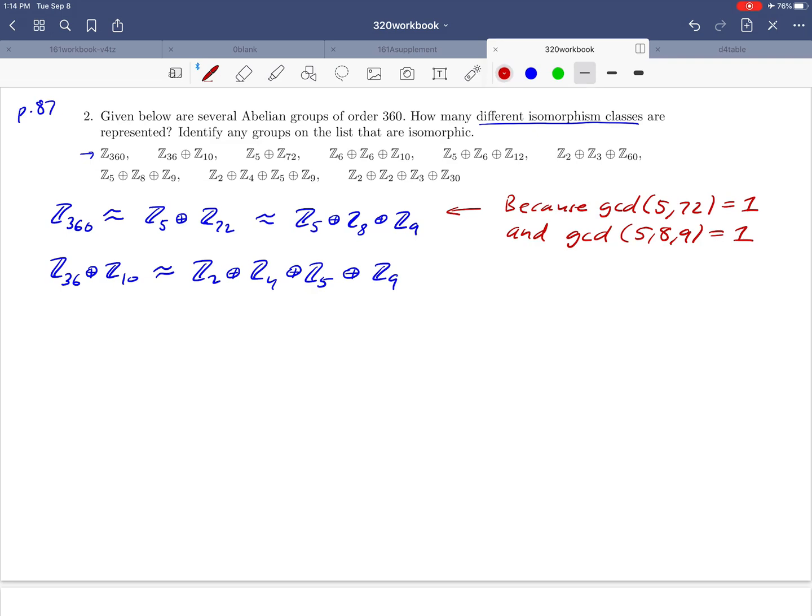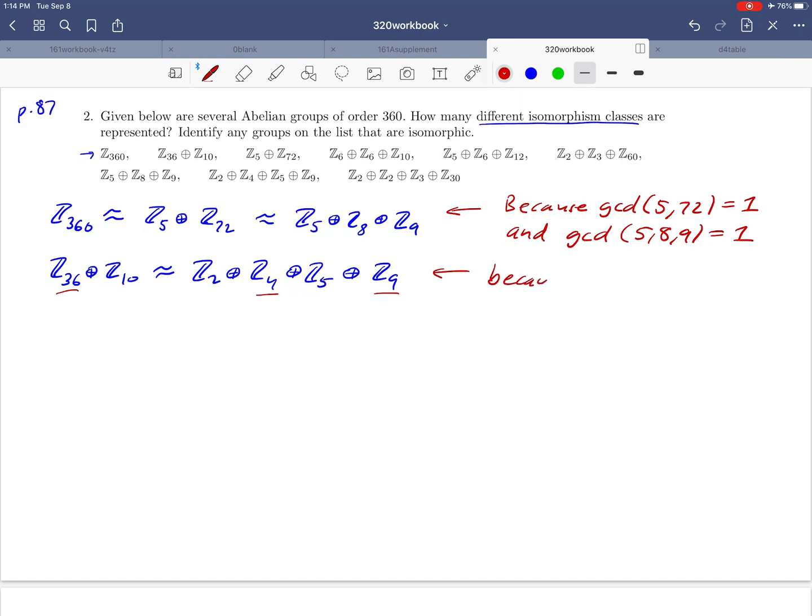Where did that come from? You can reason that out by looking at the right-hand side and putting some things together. For example, take the Z4 plus the Z9. 4 and 9 are relatively prime, so if you put the Z4 and the Z9 together, they would have to be isomorphic to Z36.